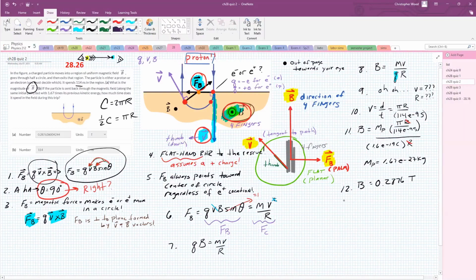Again, I'm going to do this because FB equals QV B sine theta. I'm just going to do a little dimensional analysis then. B equals F over QV.